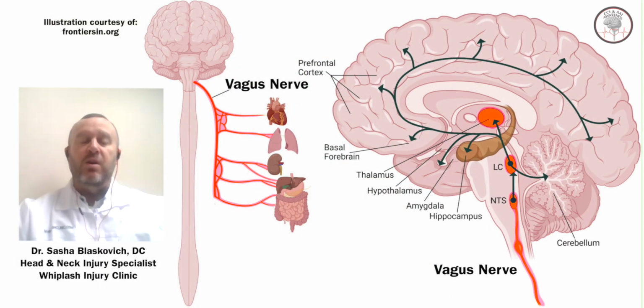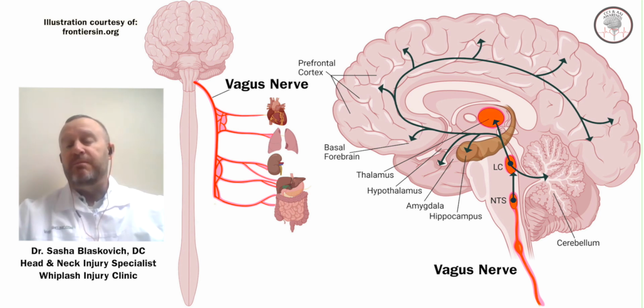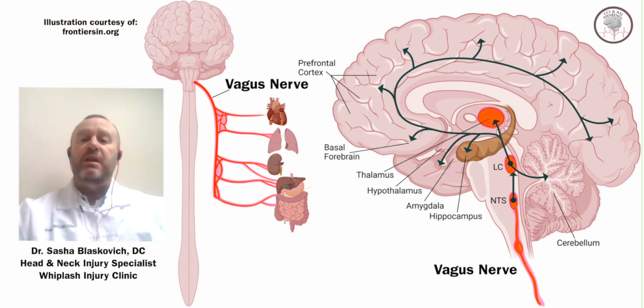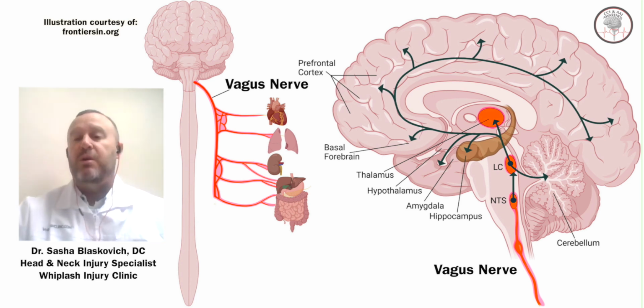Thereby causing a massive gamut of different symptoms, dysfunctions and impairments that go underdiagnosed or misdiagnosed as something else, when the central core of the problem is right there at the level of the brainstem.